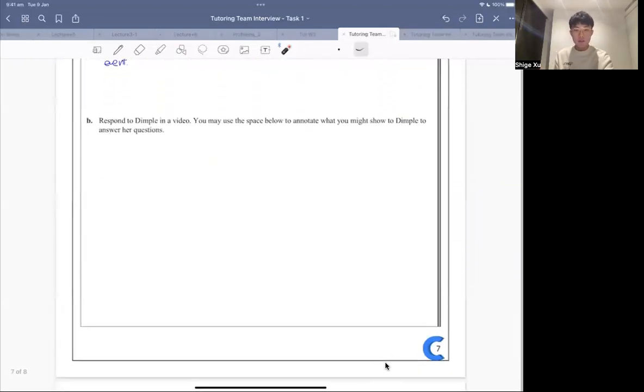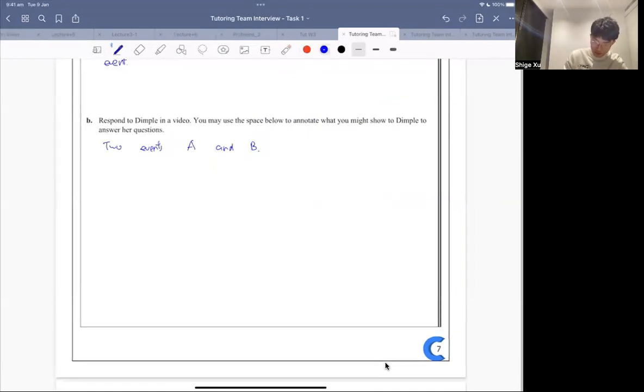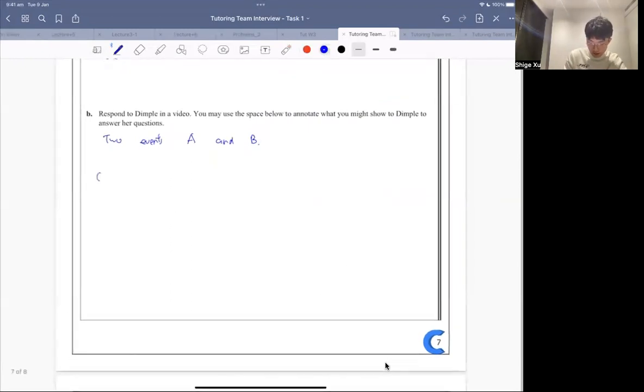So Dimple, to help you understand this, let's suppose we have two events, A and B. Let's look at conditional probability, and we'll look at joint probability as well.